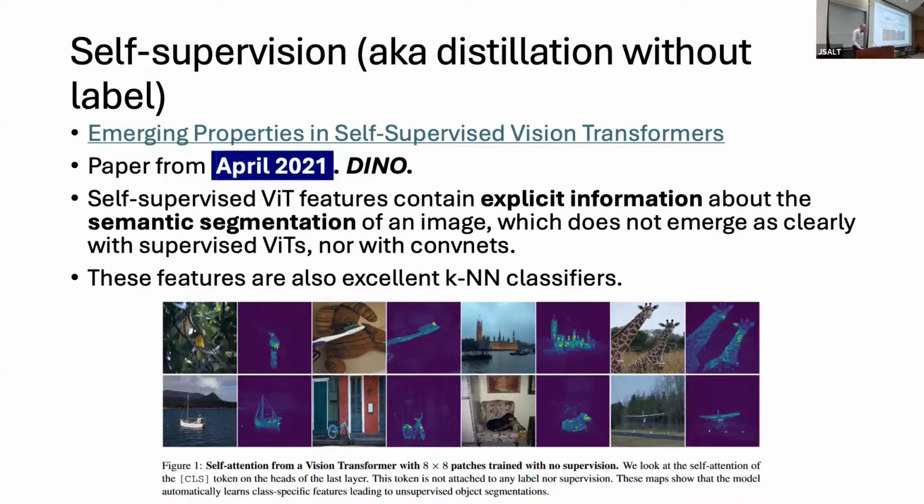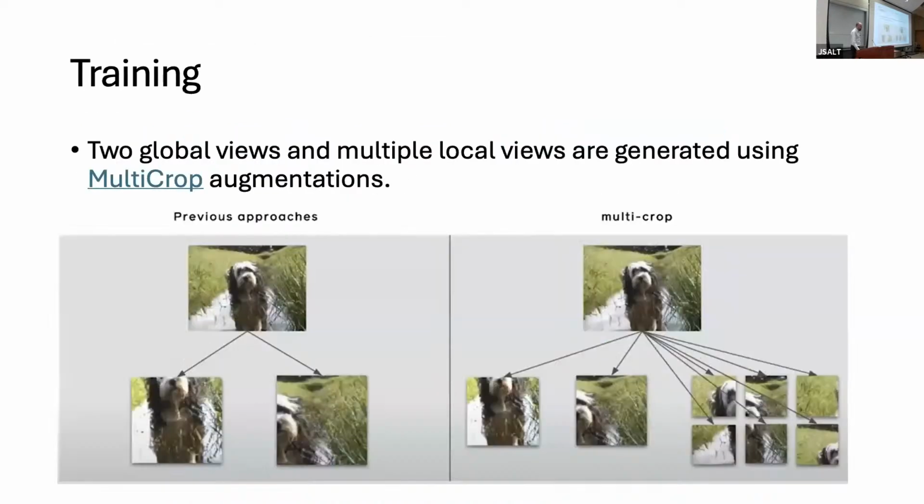So what they did differently from the self-supervised way, they used a multi-crop approach, which is depicted here. Previous approaches of self-supervision just say, let's do some cropping and some transformation of images. We give one to the teacher, one to the student, and we just say it's the same class, and we don't need to know what the class is, right? Because we know it's the same class.